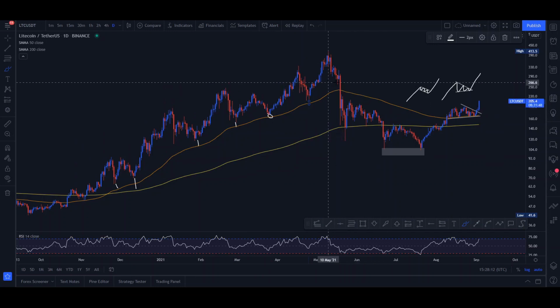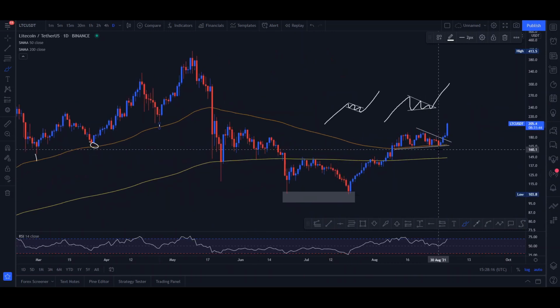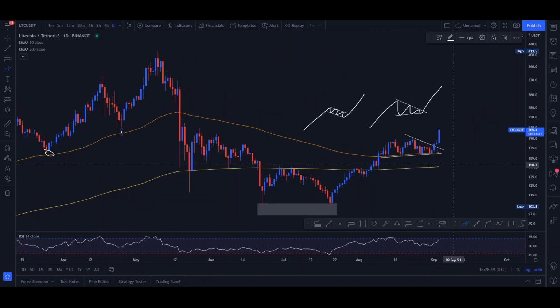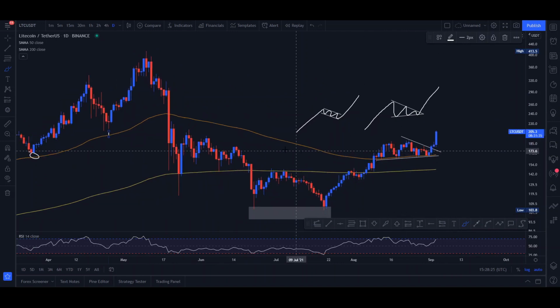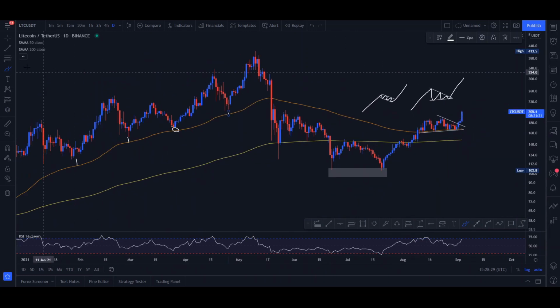Then in recent times that connection was somehow lost, but currently the price is sitting exactly on top of the 50 period moving average and on top of this bullish pennant. So basically what I'm trying to say is that was another confluence for a potential buy on this coin.